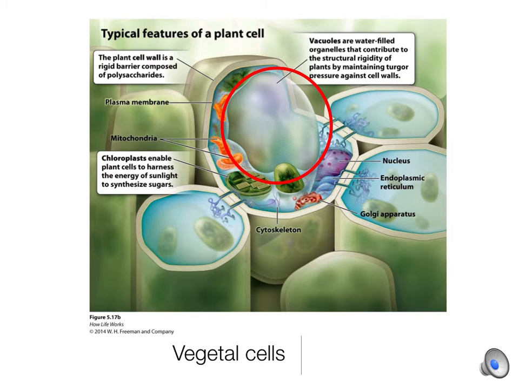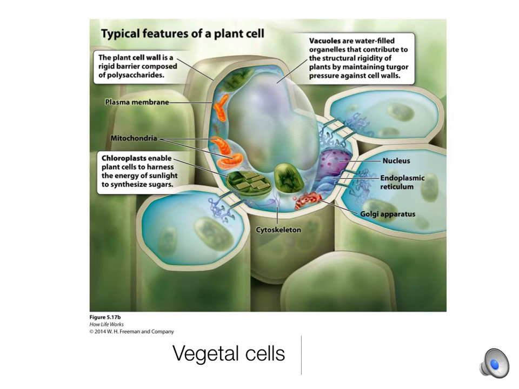It is responsible for the internal pressure of the cell. And the last specific thing for plant cells is the chloroplast that is responsible for the capture of sunlight energy and for transforming it into a usable form of energy for the cell.